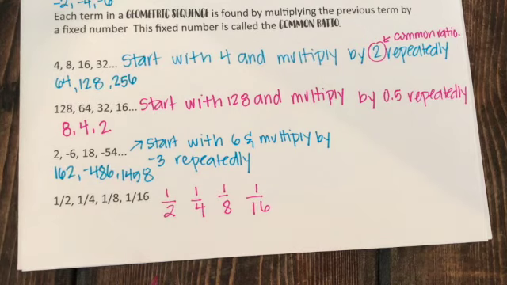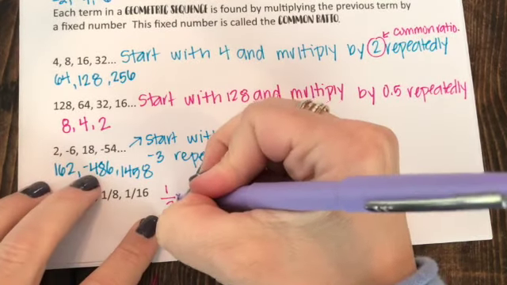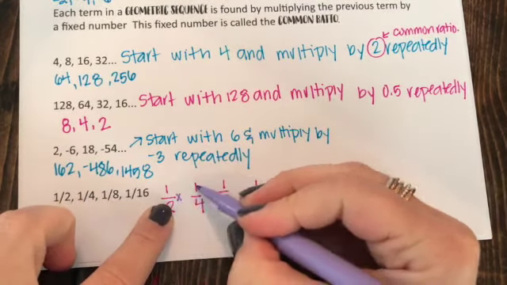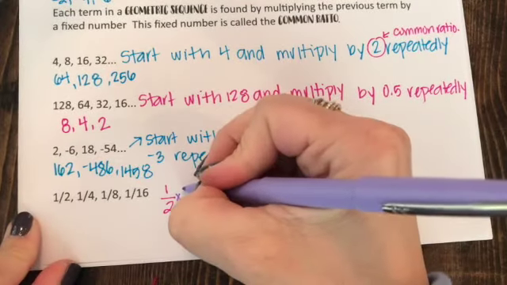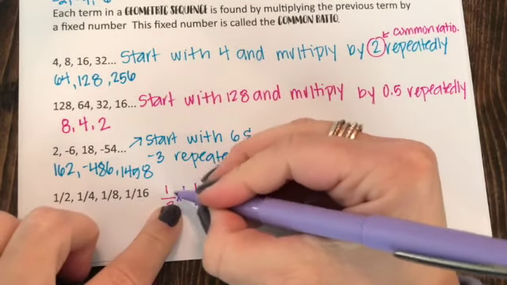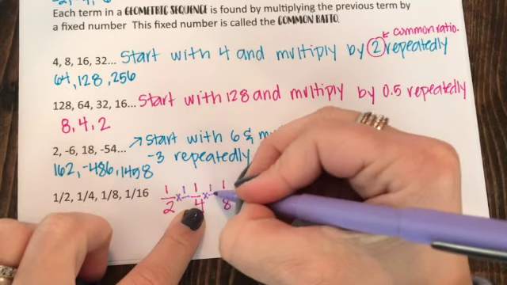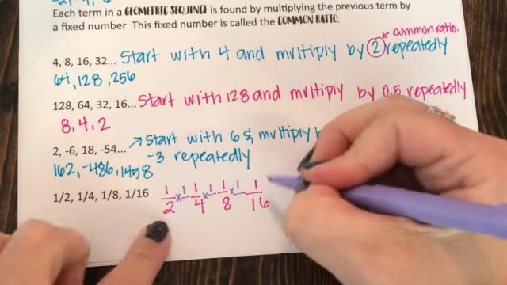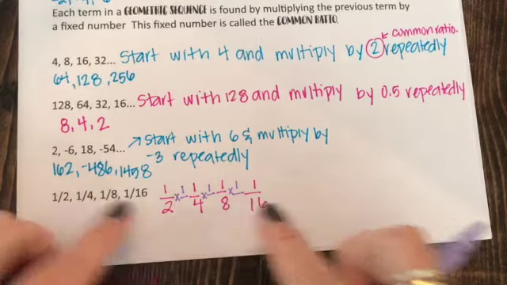So I know that I'm multiplying. So I'm going to be multiplying it by 1 times what makes 1? 1, right? 1 times 1 is 1. So on the top, I know I'm multiplying by 1.